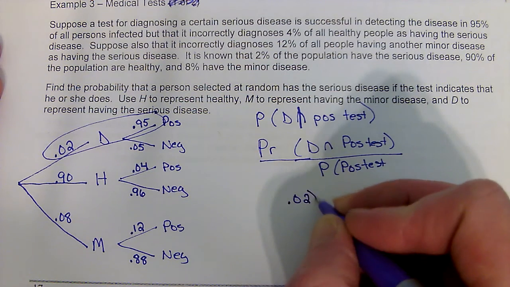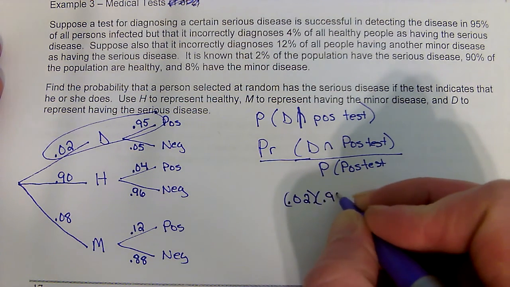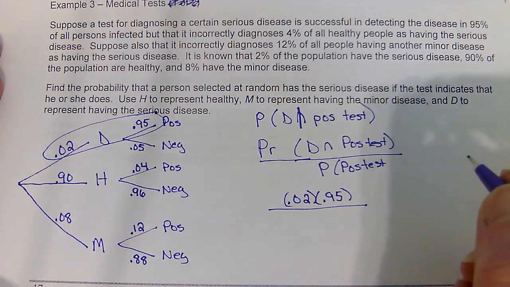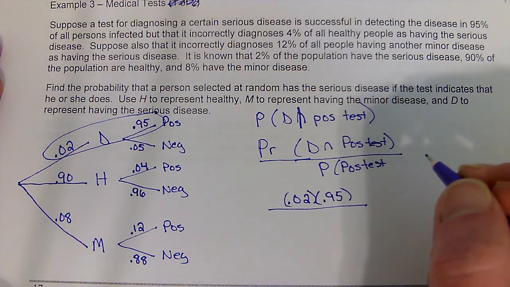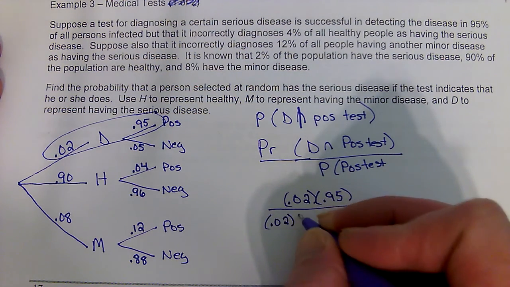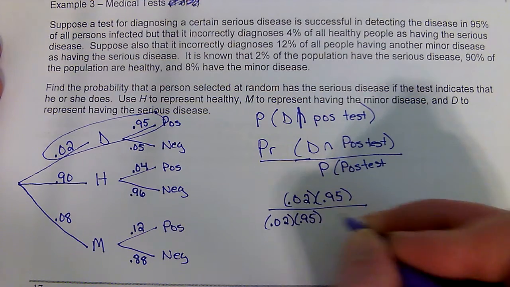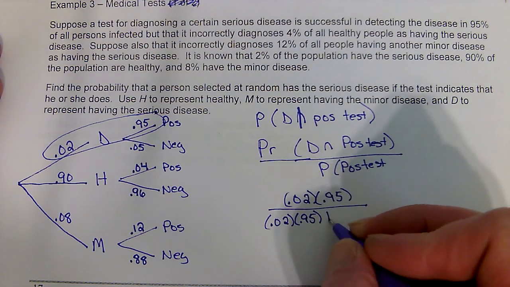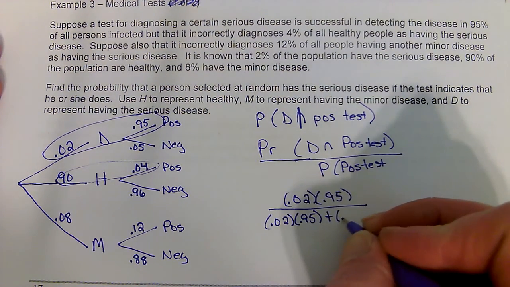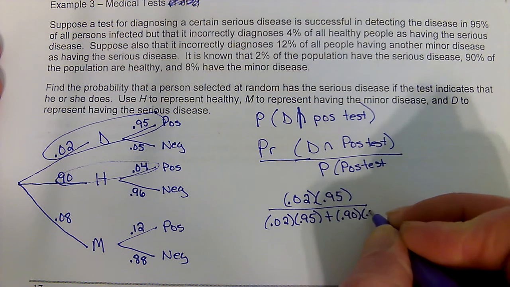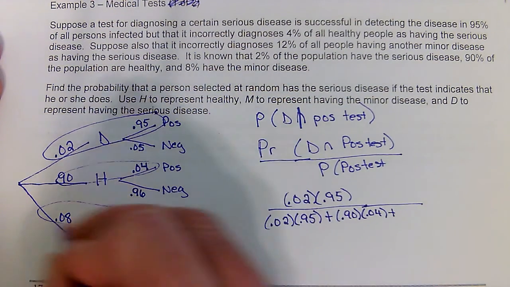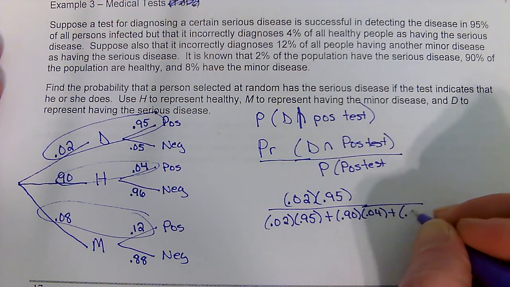So 0.02 times 0.95. But what are all the ways that we could have gotten a positive result? That is one of the ways, 0.02 times 0.95. But how else could we have gotten a positive? Well, these people got a positive. These people got a positive.